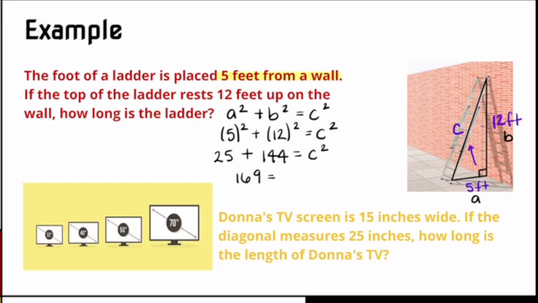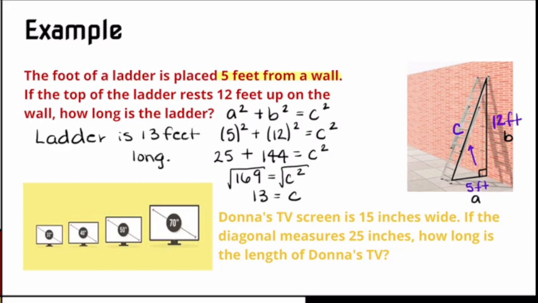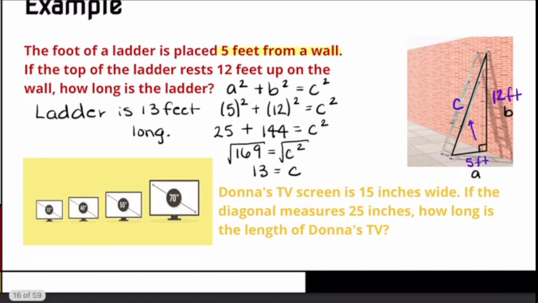And we don't know what C squared is. Add 25 and 144 to get 169. And finally, we have C to the second power. To cancel out that square, we have to take the square root of both sides. So 13 equals C, which means that our ladder is 13 feet long. Okay.